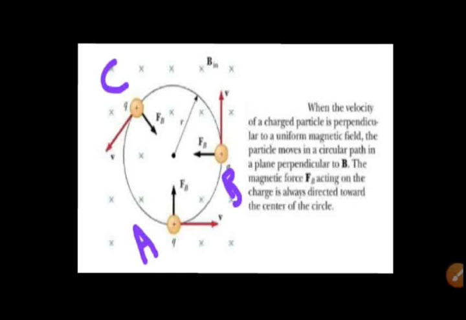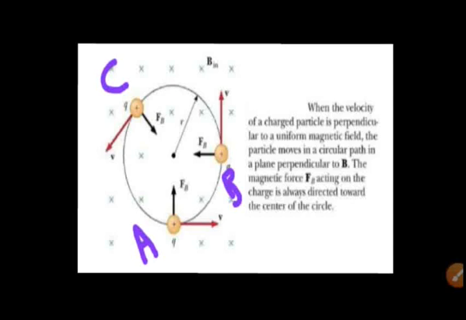Again, you use your right hand rule, that is stretching thumb in the direction of velocity and other fingers in the direction of magnetic field. You can see your palm points towards left. That is, magnetic force is towards left. It is shown in the figure. As a result, the charged particle will deviate its path towards left, and suppose it reaches the point C.